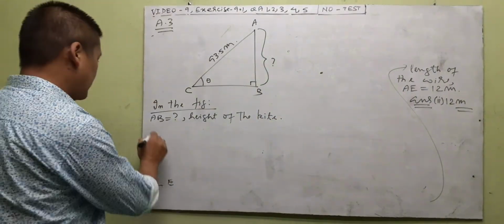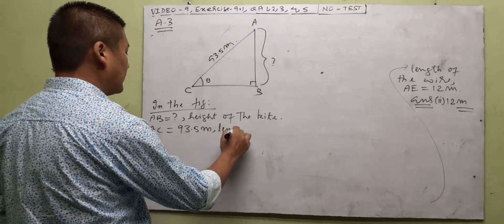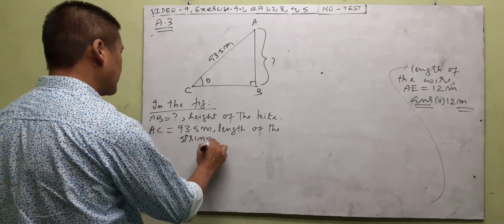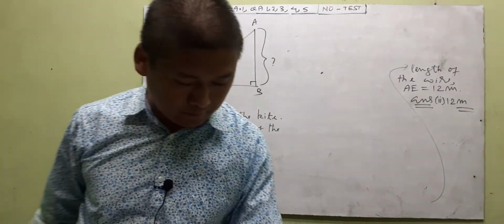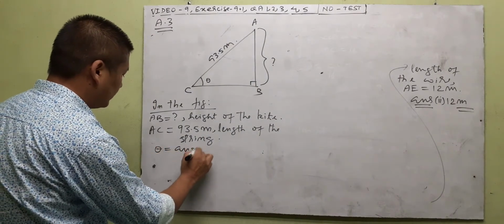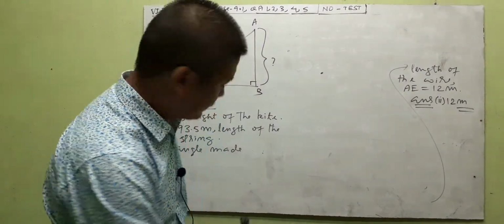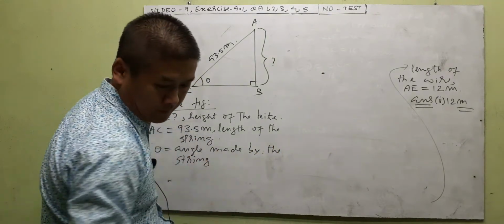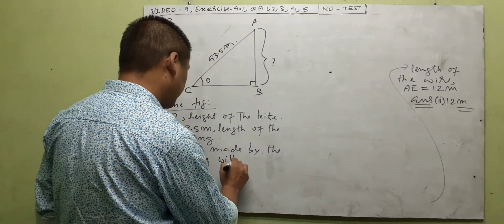Next, AC, the given value is 93.5 meter. It is the length of the string that we're using to tie the kite to the ground. Then theta is the angle made by the string with the level ground.